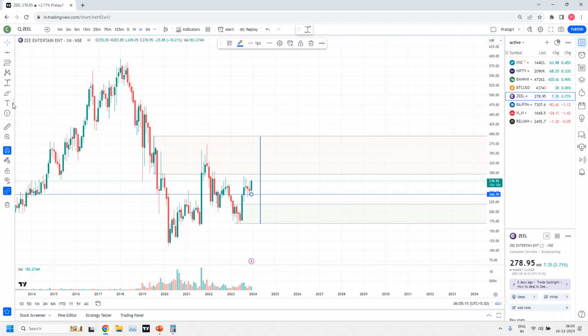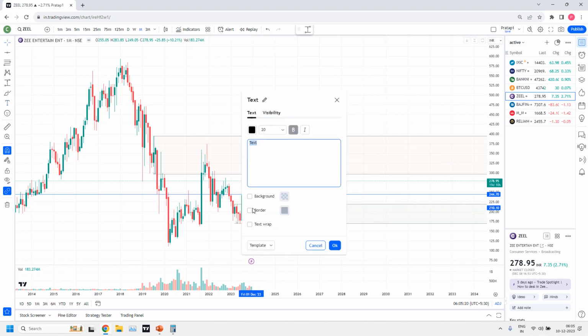So for your easy remembering purpose, let me add a text: buyer's location, that is LOC, low on curve. Low on curve or buyer's area, both are same. Buyer's location, sorry, location is the right word.